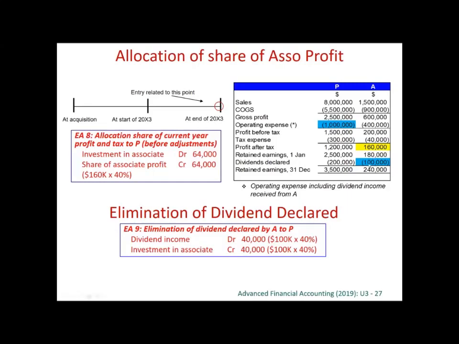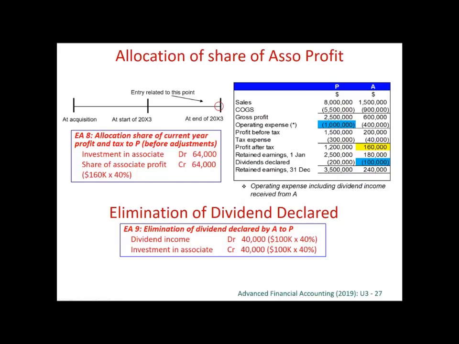So, in the parent's own book, in the investor's own book, they must have recorded a dividend income being 40% of this dividend paid. Therefore, we will debit away the dividend income that the parent has recorded in its own financial statements, and then we credit investment in associate.